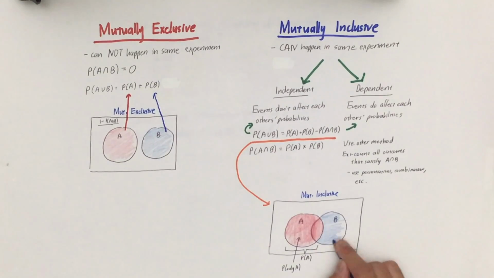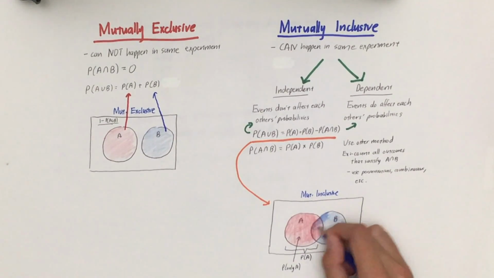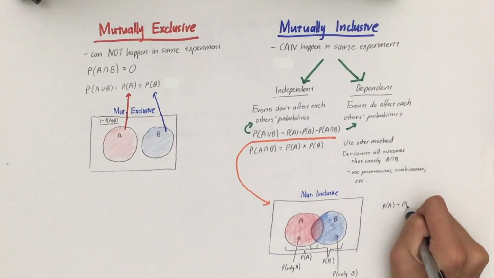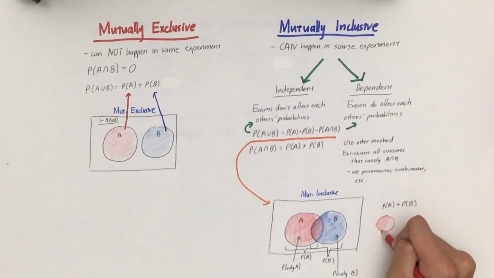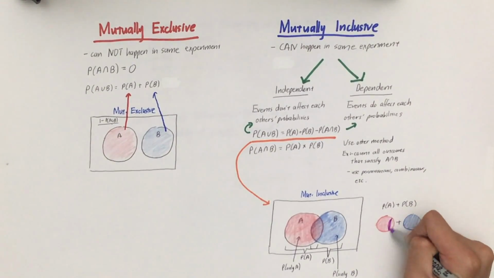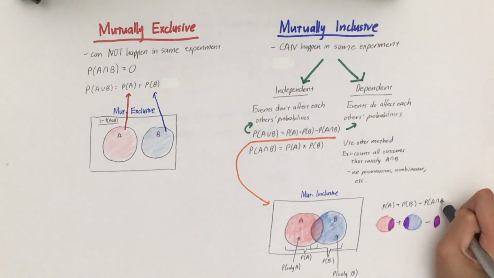So that's the probability of A. And the same goes for B. That's the area that only B happens, and that's the whole area that B happens at all. So when you add up probability of A and B, you're adding up the whole. So you're including that intersect, that little shade in the middle, twice. So you have to subtract it once in order to prevent counting unnecessary outcomes.